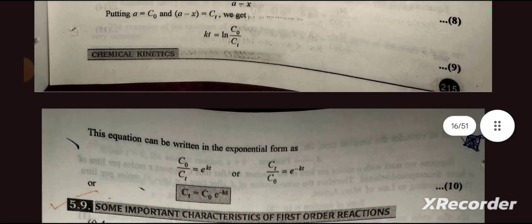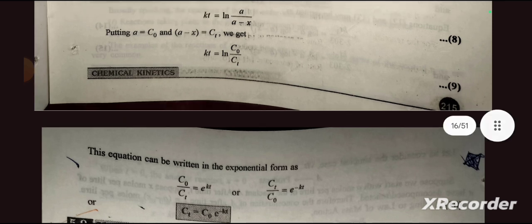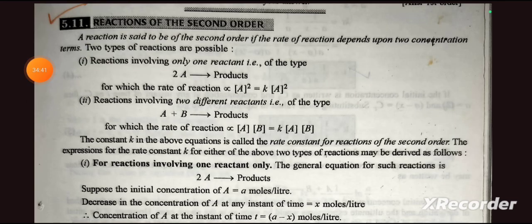This equation can be written in the exponential form as C0/Ct = e^(kt), or Ct/C0 = e^(−kt), or Ct = C0 e^(−kt).